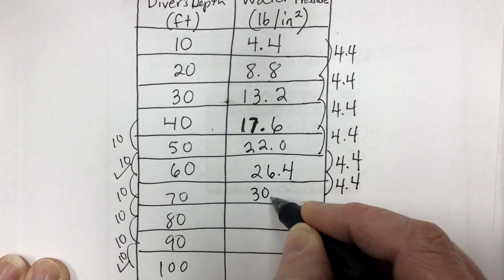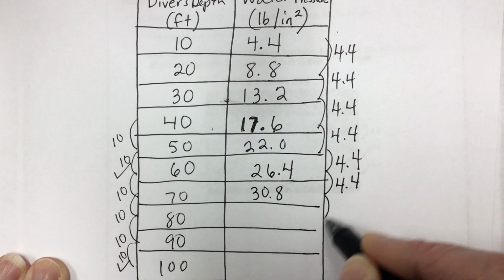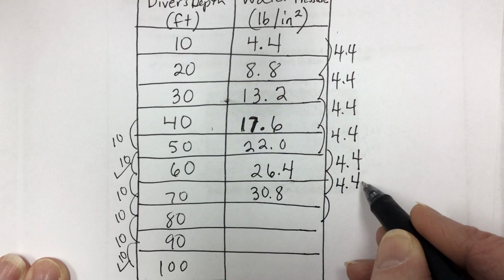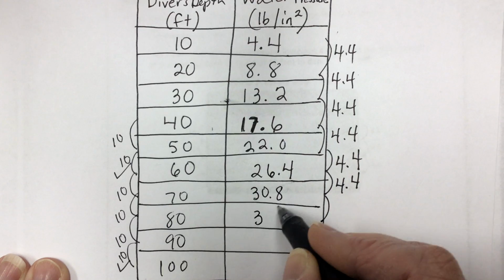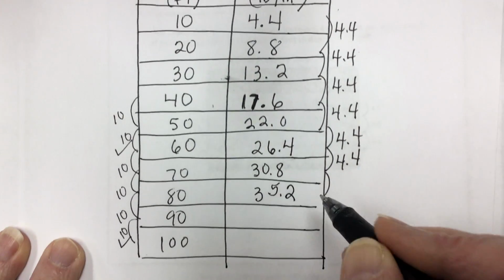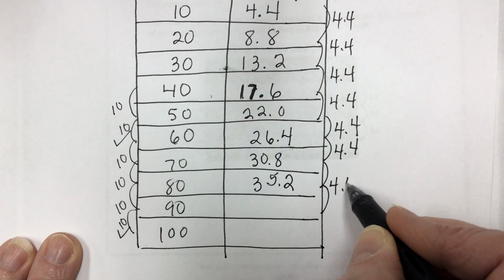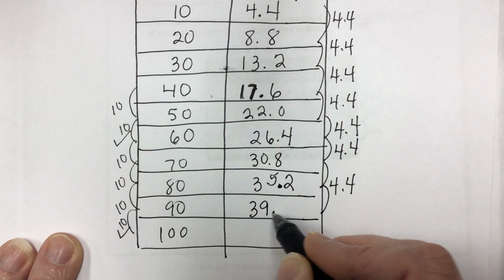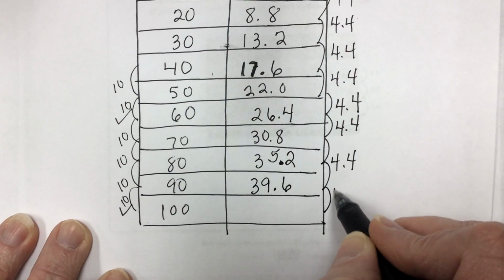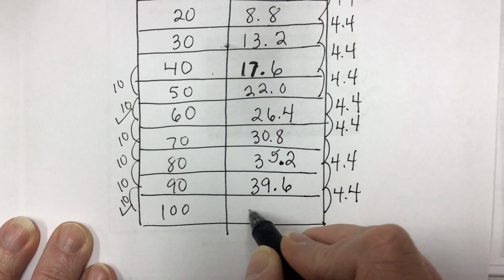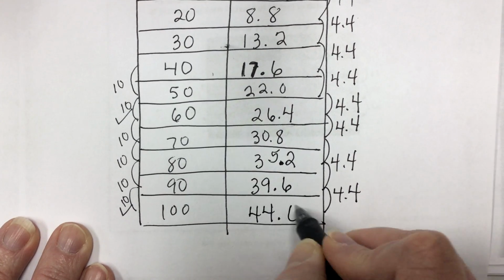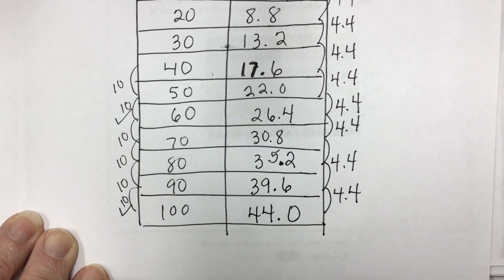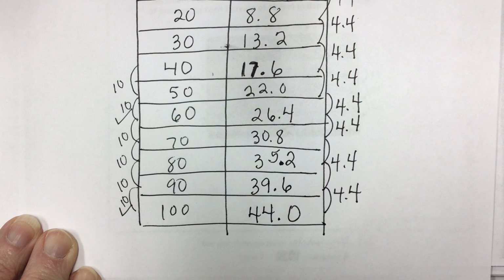You get 30.8. 30.8 plus 4.4 with your calculator, you get 35.2. Add 4.4 again to 35.2. You end up with 39.6. And add 4.4 again, and you get 44.0.